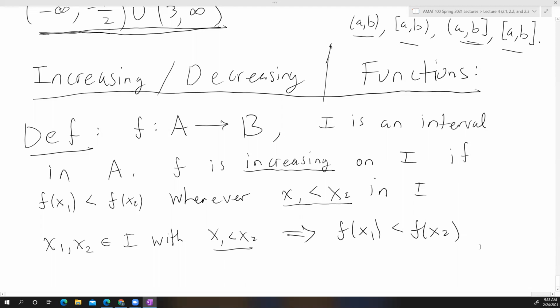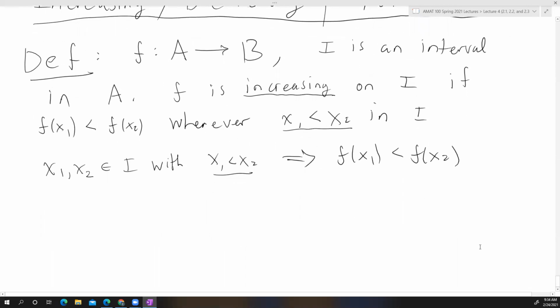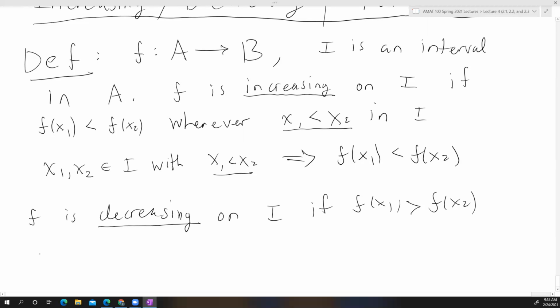So that's a more dynamical way of viewing this inequality, that you have a function and it's acting on the inequality in some sense. And we say that f is decreasing on the interval I if f of x1 is greater than f of x2 whenever x1 is less than x2 in here.